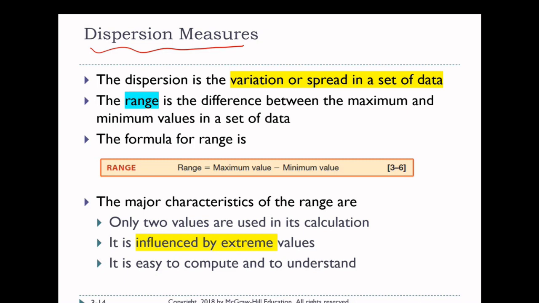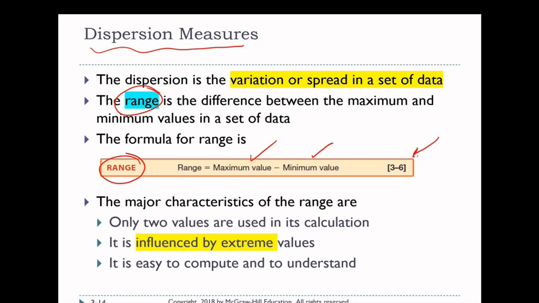Dispersion measures. There are so many dispersion measures, but we will cover just the most important. First, take the range. The range is the simplest variation measure, which is the maximum value minus the minimum value.